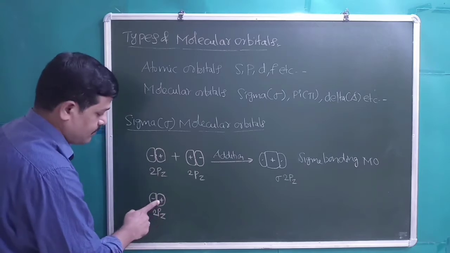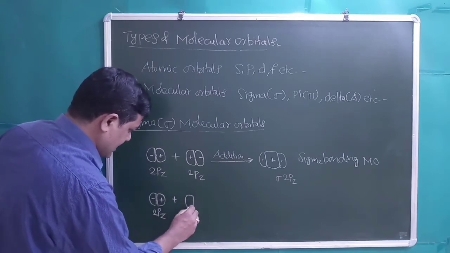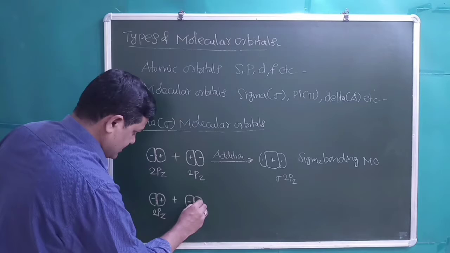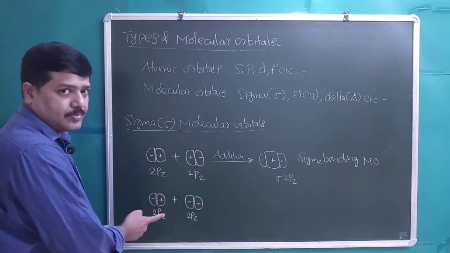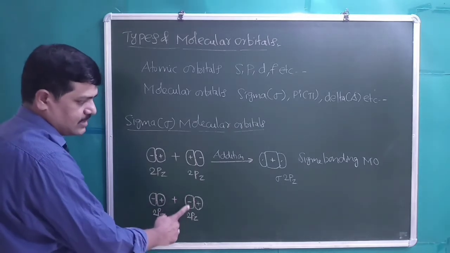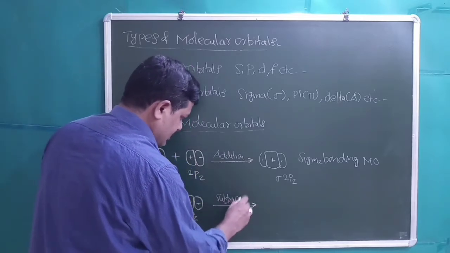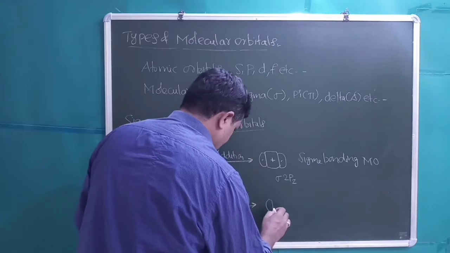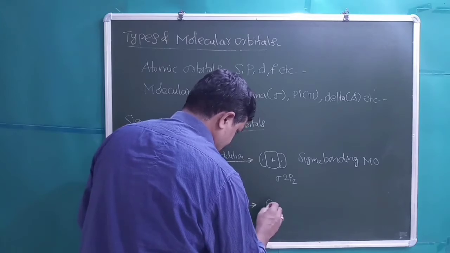One orbital having a positive lobe overlaps with the 2pz orbital of another atom having a negative lobe. Positive overlapping with positive means constructive overlapping; positive overlapping with a negative lobe means destructive overlapping, which is known as subtraction. It forms a node between the two nuclei.